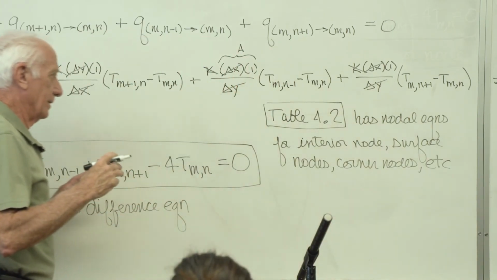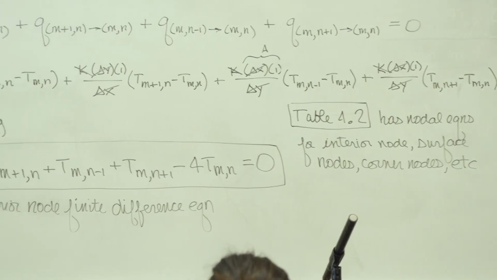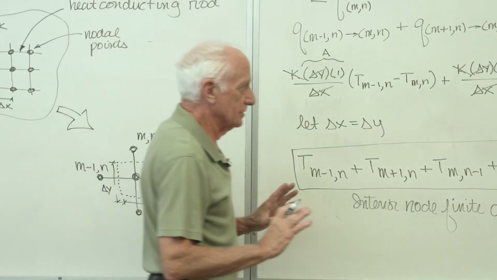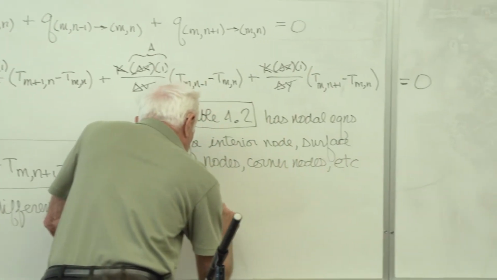And that table has 5 different equations for 5 different kinds of nodes. I'll give you a for instance.